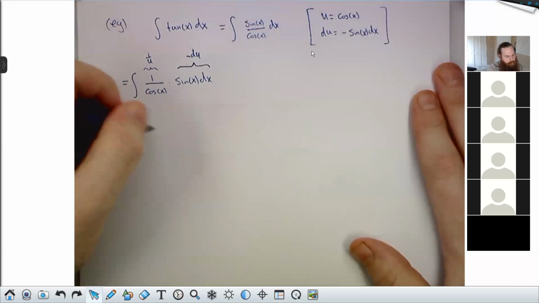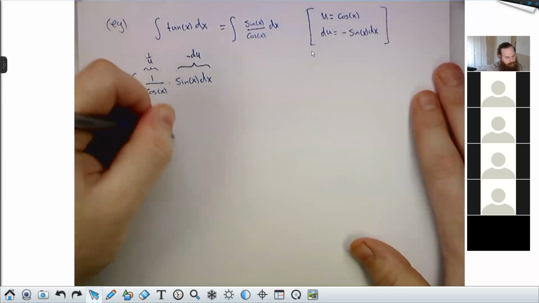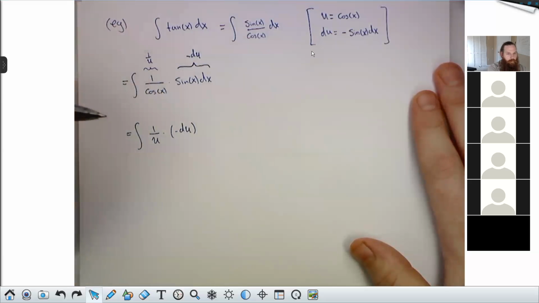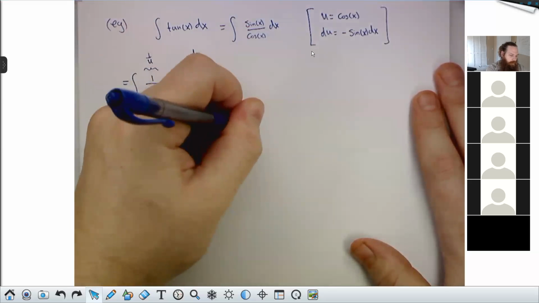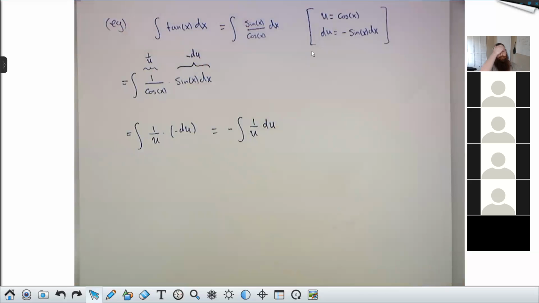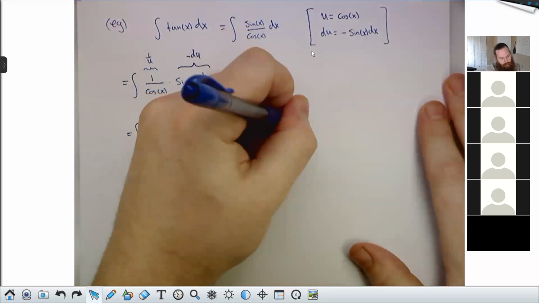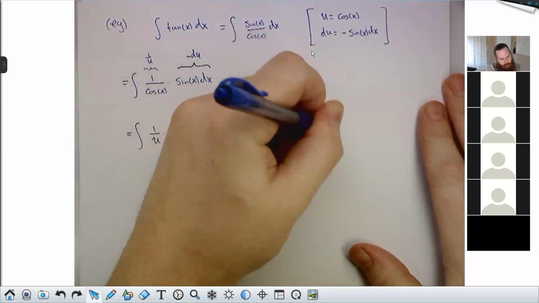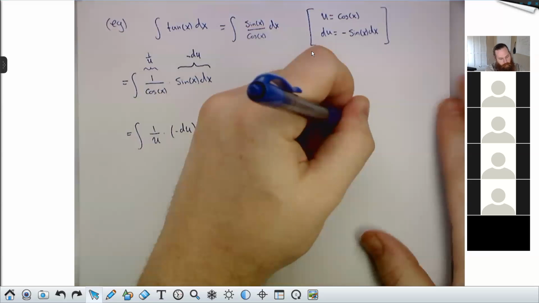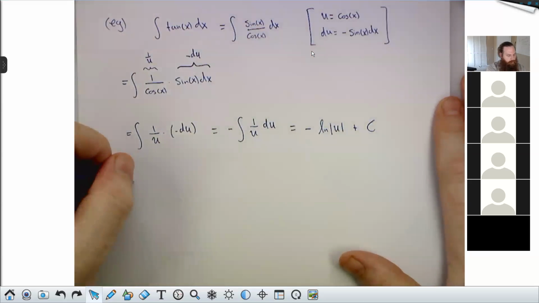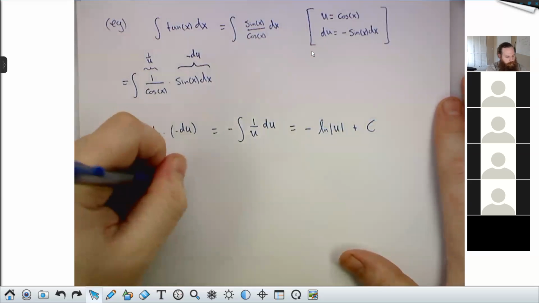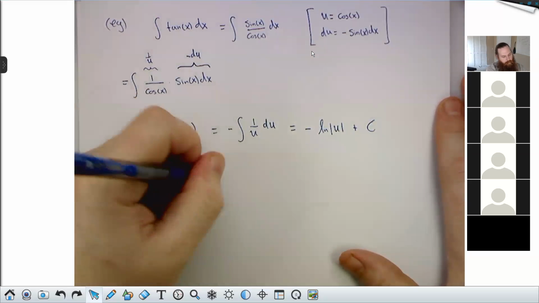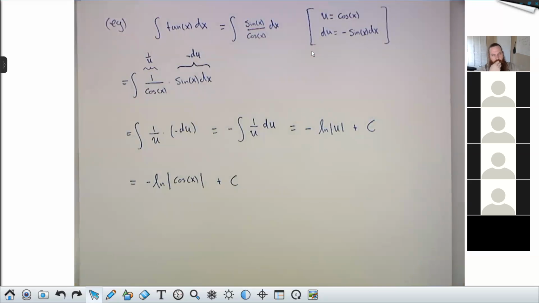So this will become the integral of 1 over u times negative du. And the negative can come out front. And an antiderivative for 1 over u is the natural log of the absolute value of u plus a constant. So you get negative natural log absolute value of cos x plus c. That is the integral of tangent.